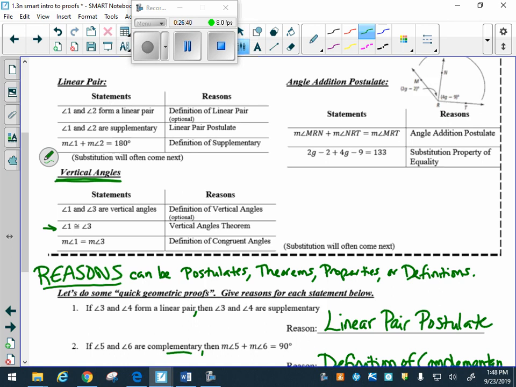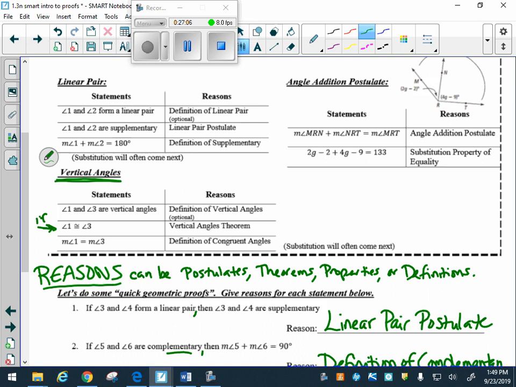So you're looking at the diagram and you know you're looking at vertical angles, and you can say, oh, angle 1 is congruent to angle 3. How do I know this? Because of the vertical angles theorem. If you just have that step and not the first step, I know that you know we're dealing with vertical angles, right? Then going from that step to the next step.